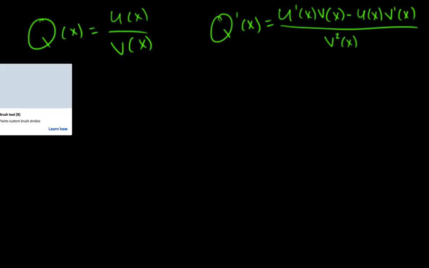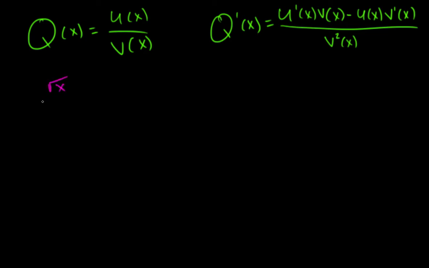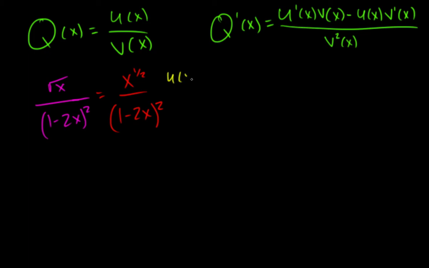Alright, the next one, we have square root of x over 1 minus 2x squared. And I'm going to rewrite that as x to the 1/2 over 1 minus 2x squared. So we're going to call this u of x, v of x.